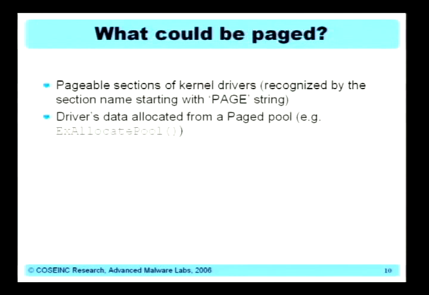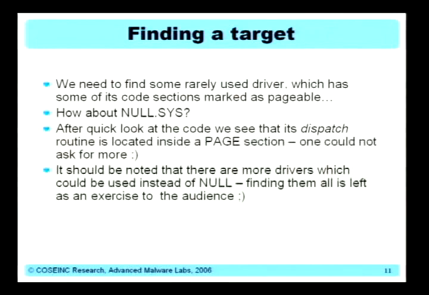And also we can have data allocated from paged pool, which can also be paged out to the page file. So now we need to find a target which would be a very rarely used driver, containing a pageable code section, and that code section would contain some function which could be called from user mode.